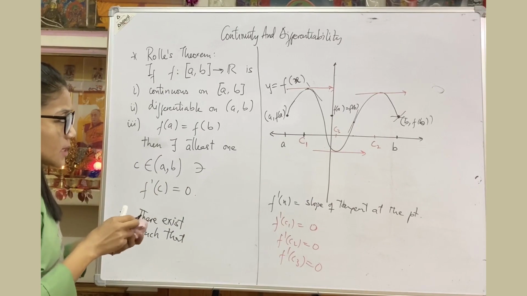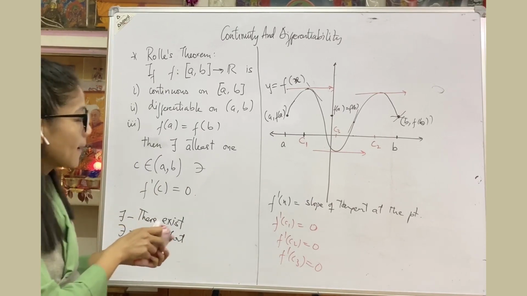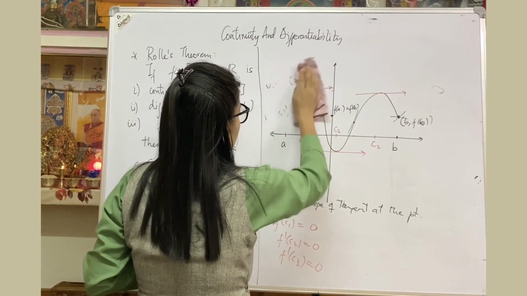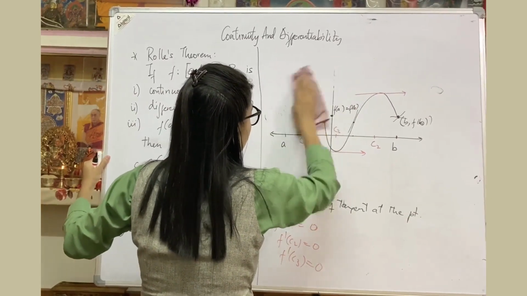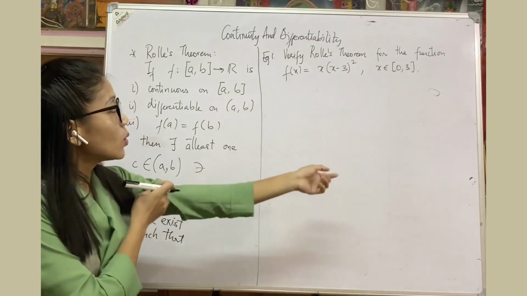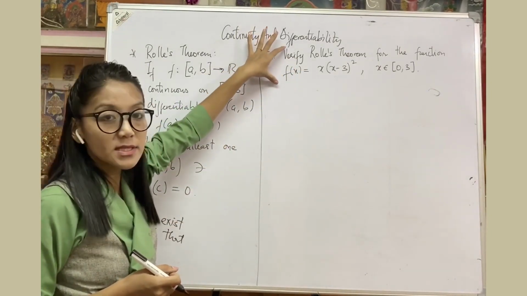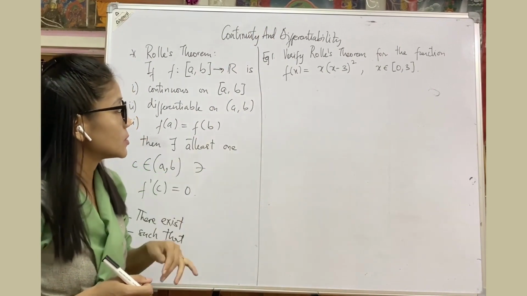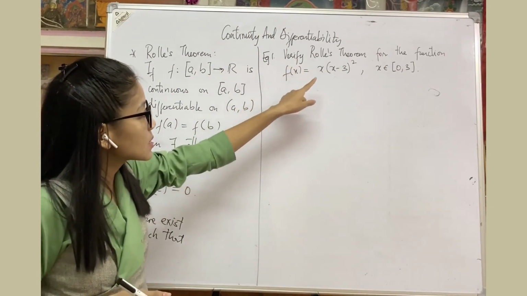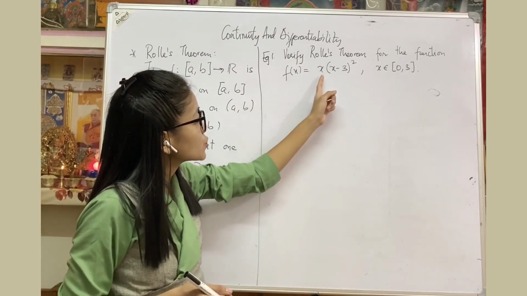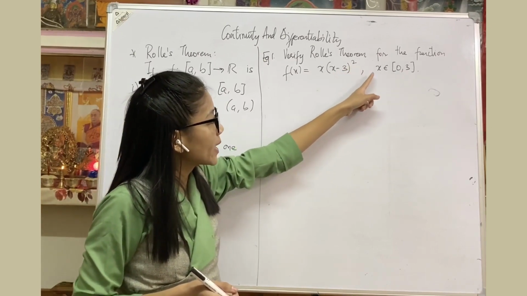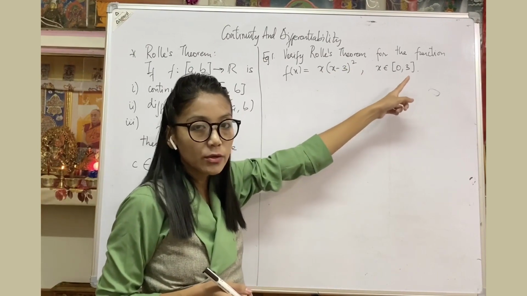Now we will take one example. Now we shall solve this example, and you will see how such questions are to be done. Verify Rolle's theorem for the function f(x) equals x into (x minus 3) whole square, where x belongs to [0, 3].